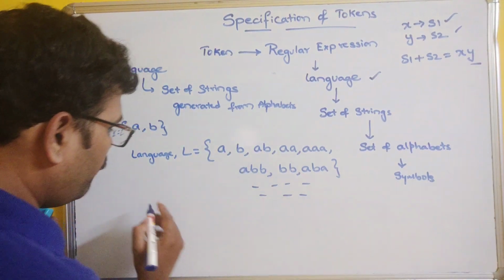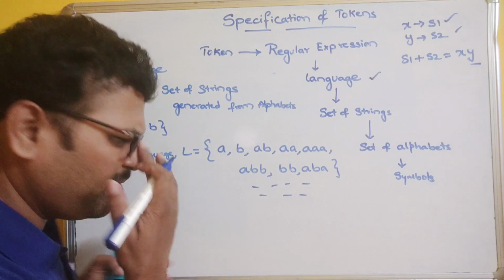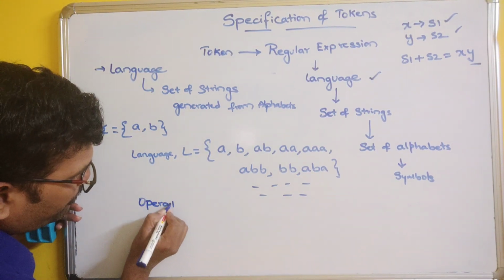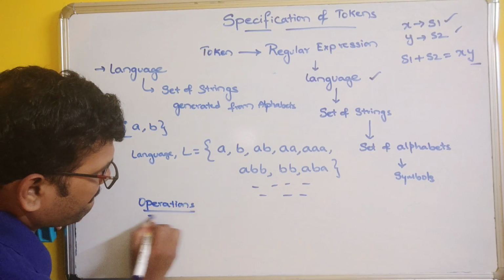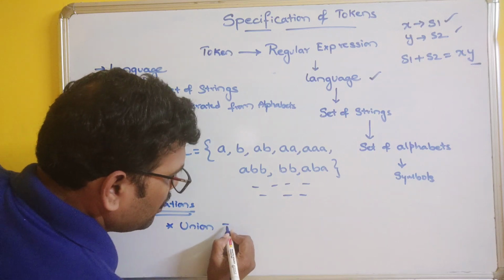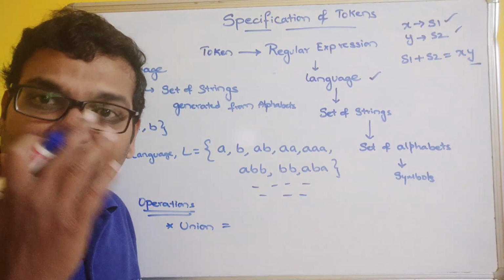Now we want to know the operations of this particular language. The first one is union. We know that a union operation will combine both languages.